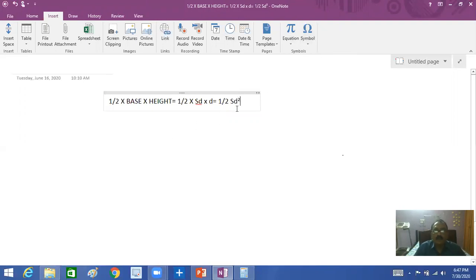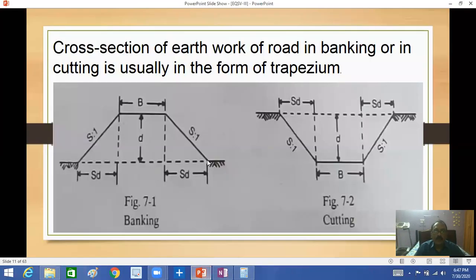See, this is half S d square. Now, there are two triangles. In the middle area, what do you have?